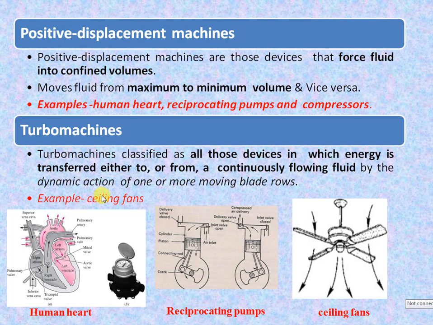Other examples of turbo machines are Pelton wheel, Francis, Kaplan. Here you can see that the human heart is the best example of a positive displacement machine. Then the reciprocating pump is an example of a positive displacement machine, and the ceiling fan is again an example of a turbo machine.